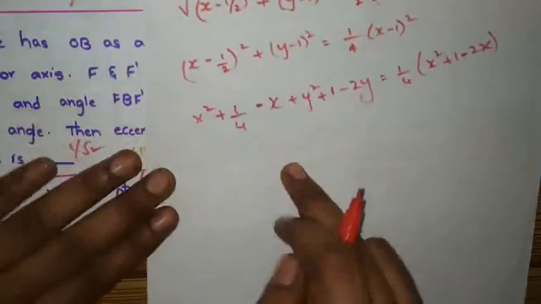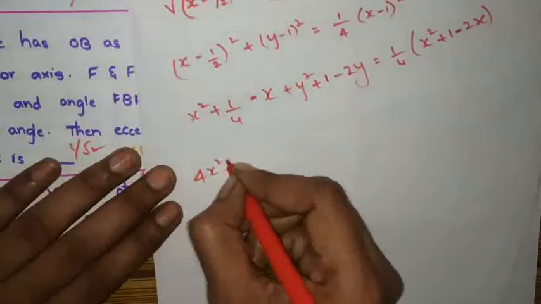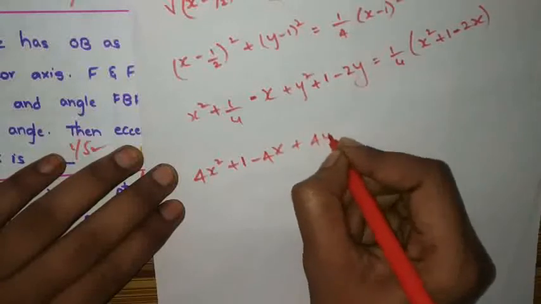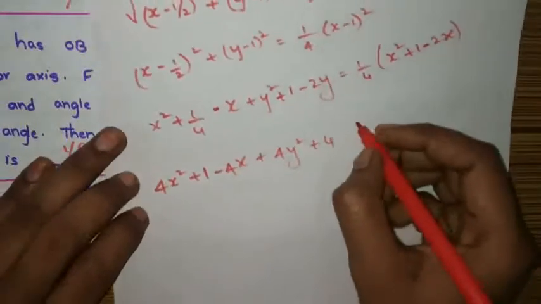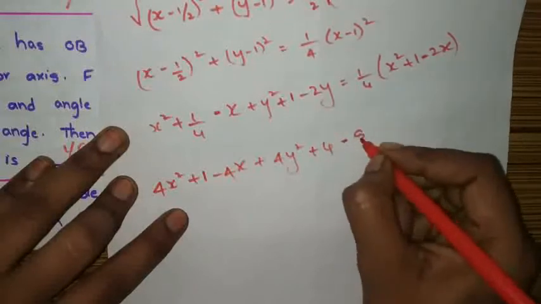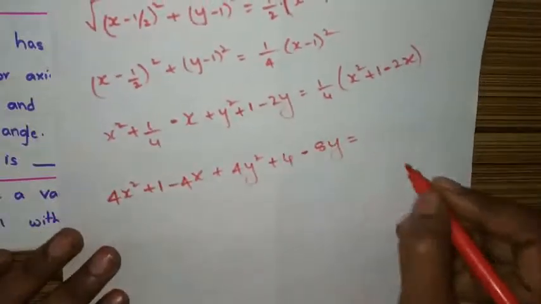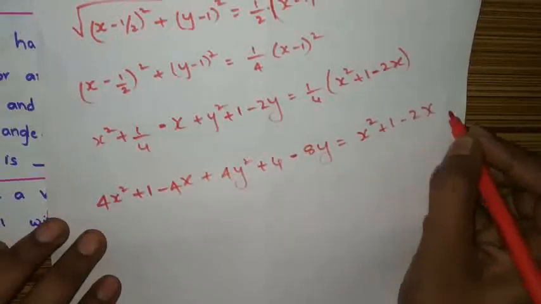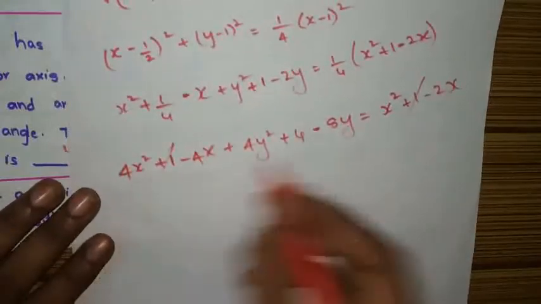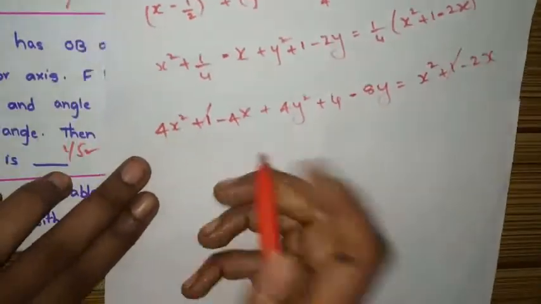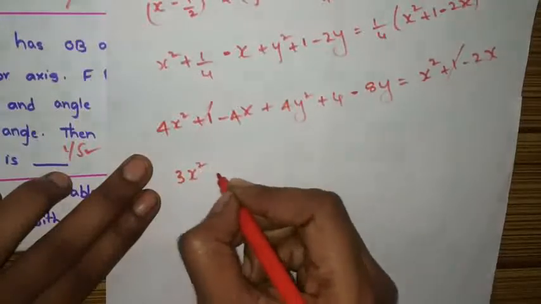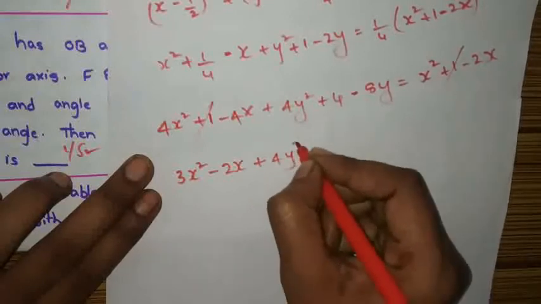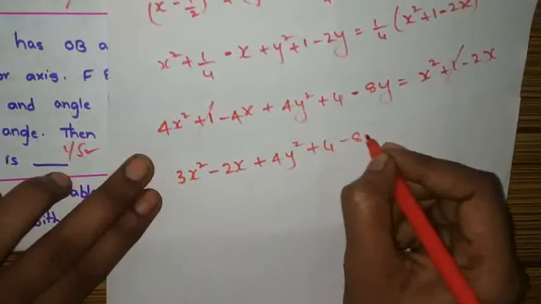Take this 4 here: 4x square plus 1 minus 4x plus 4y square plus 4 minus 8y is equal to x square plus 1 minus 2x. Now calculate, and take these values here: 3x square minus 2x plus 4y square plus 4 minus 8y is equal to 0.